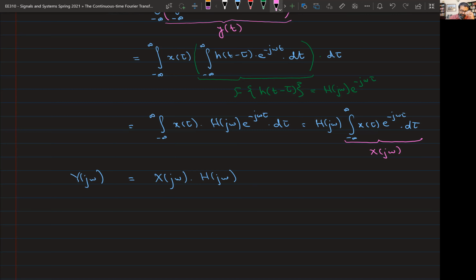So what we've concluded is that the convolution operation in the time domain, if you take two signals and compute the convolution in the time domain, is equivalent to multiplication in the Fourier domain, right?